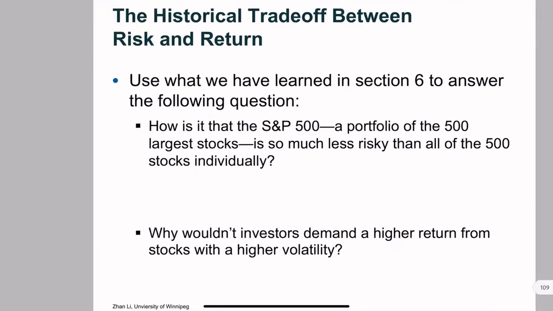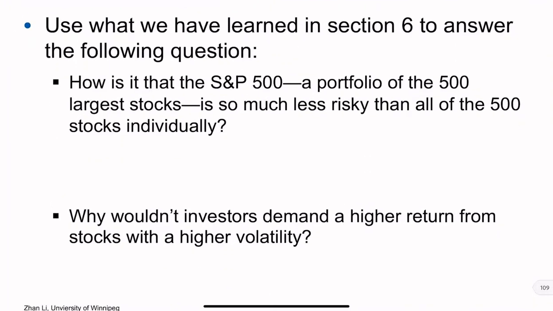To be more specific, we could actually ask 4 questions, and we could use what we have learned to answer these 4 questions. So the first question is, how is it that the S&P 500, a portfolio of the 500 largest stocks, is so much less risky than individual stocks?